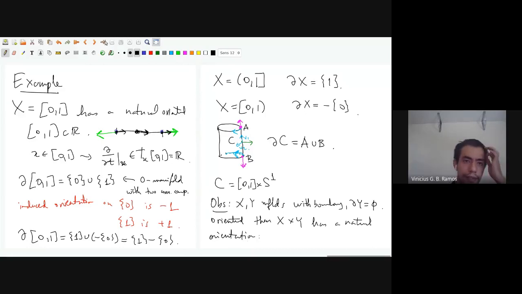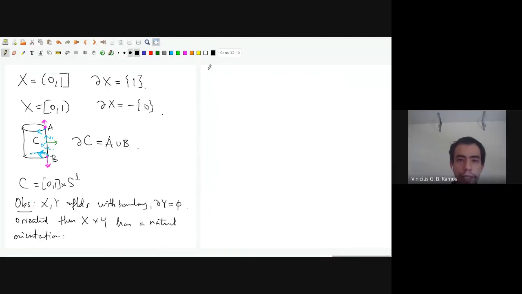And the orientation is given by the following. The tangent space at a point (x, y) in X times Y is naturally identified with the direct sum of the tangent space at x to X and the tangent space at y to Y. Okay, and then this direct sum gives an orientation on this product.